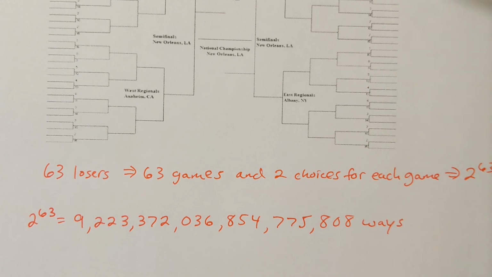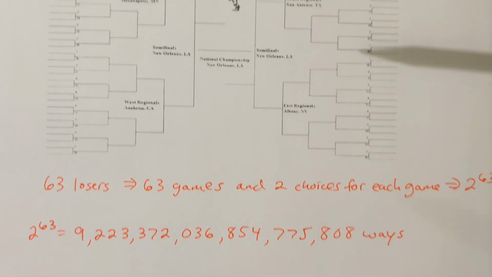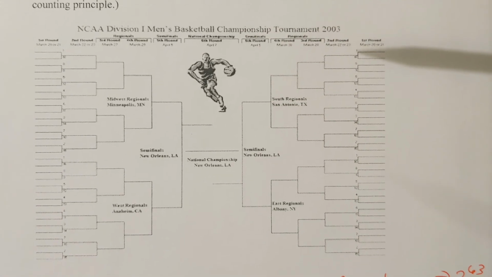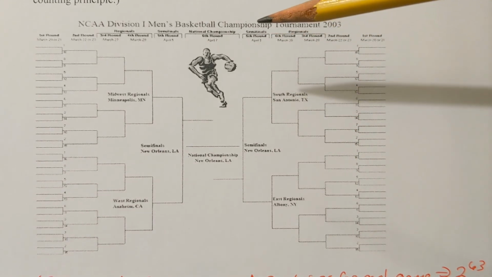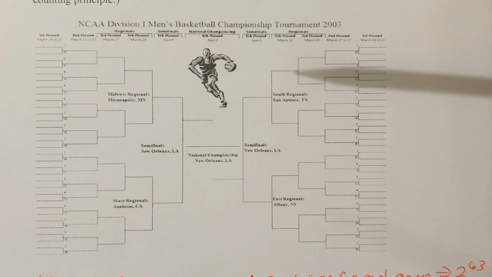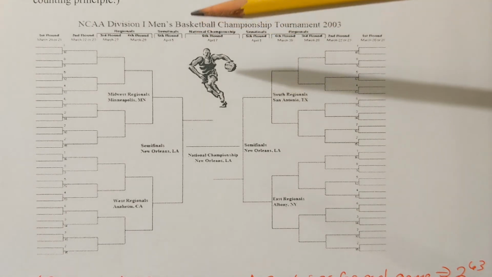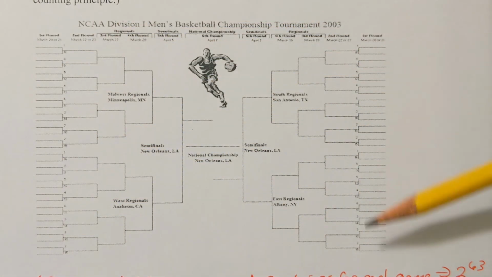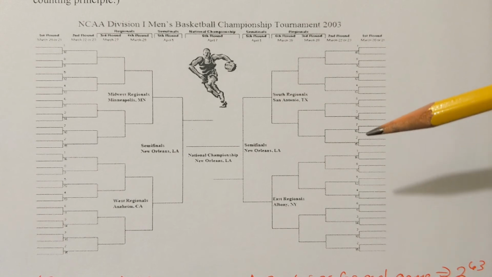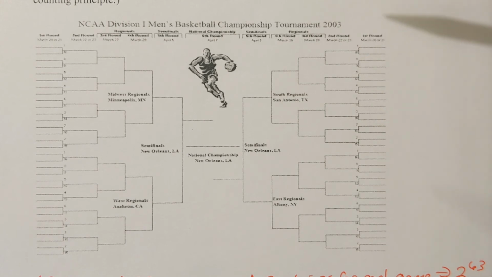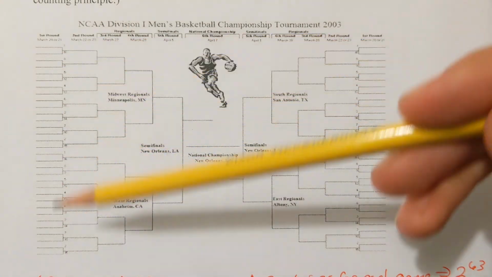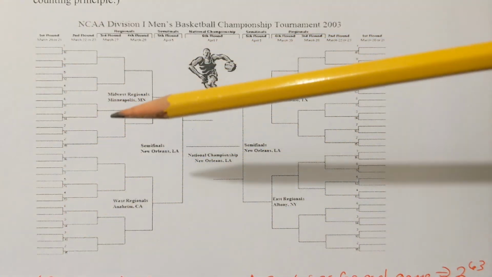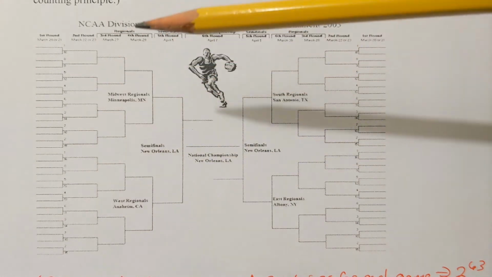By the way, I don't know if you've ever done this before, but most players fill out the first round, and you're lucky if you get, let's just say this side, at least half of them correct.